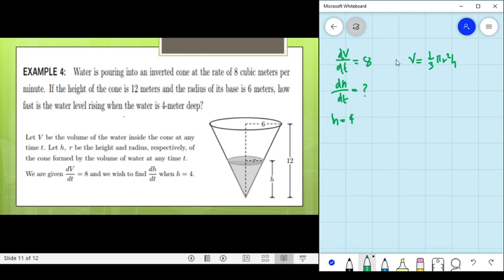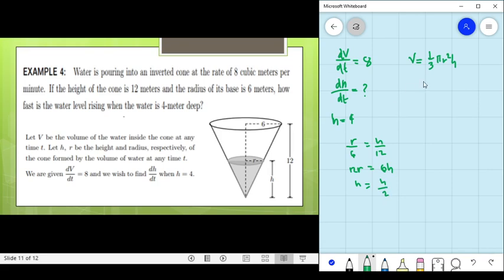Okay, so from here, notice that we can create a proportion that r is to 6 equals h is to 12, small to large. So thus, if we solve for r, 12r is equal to 6h. So r therefore is h over 2.